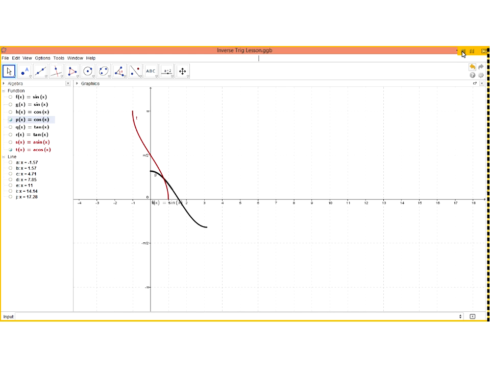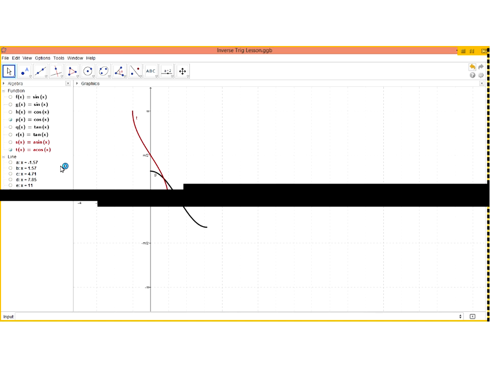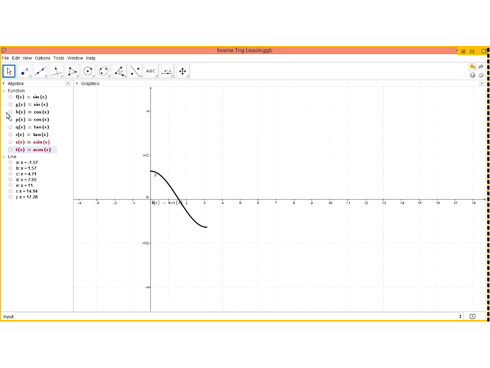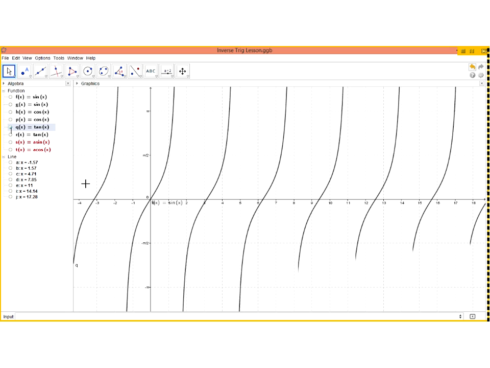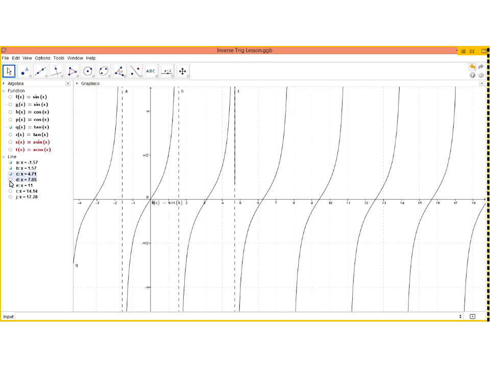And the last trig function is tangent. So there's tangent, and all of these are vertical asymptotes.